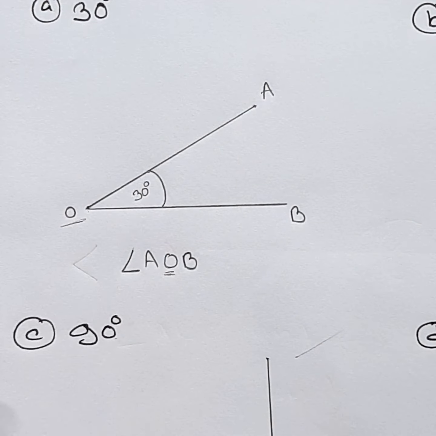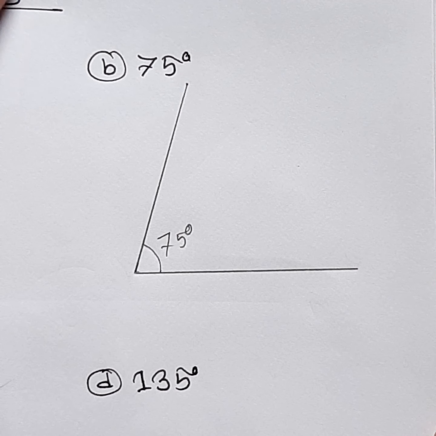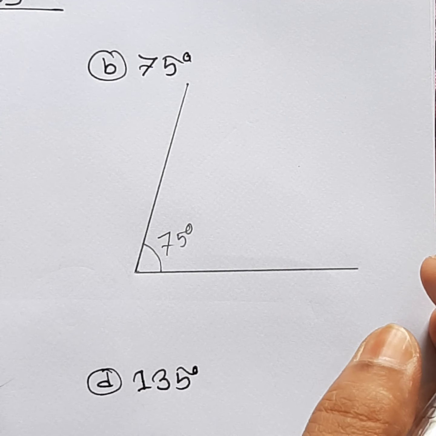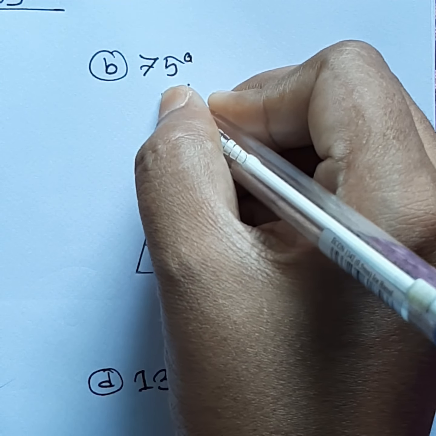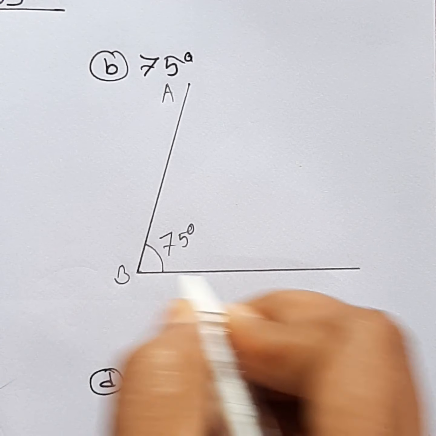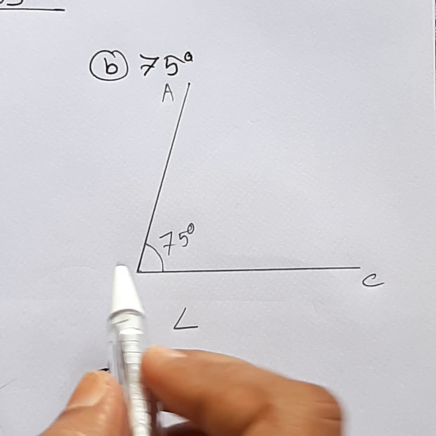Okay, now the next one, let's name it a little bit differently. Always try to do one thing. Basically what I teach my students is I ask them to keep it in alphabetical letters, so that would be A, B and C. So this angle will be named with B in the middle.